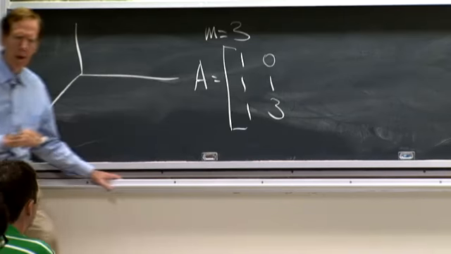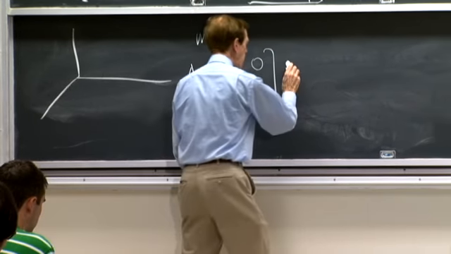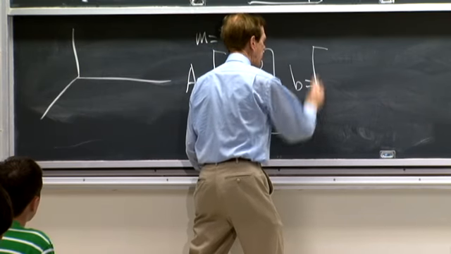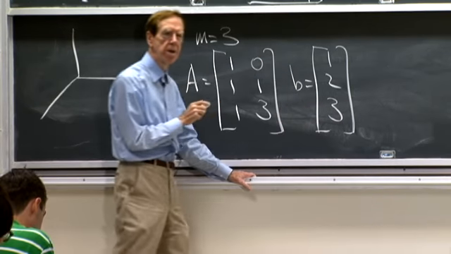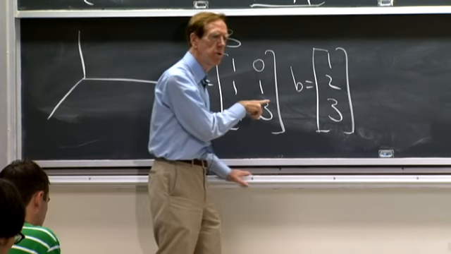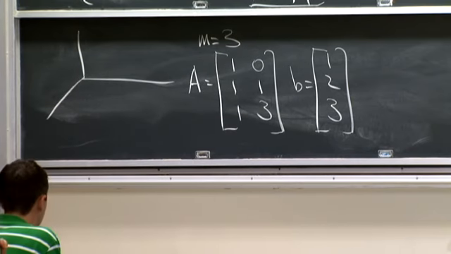Just to connect to last time. And what I'm now calling B was the vector 1, 2, 3, was it? Or was it 0, 1, 2, maybe? That's right? Okay.